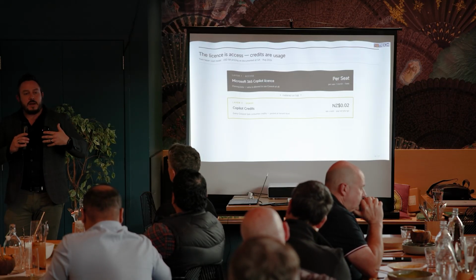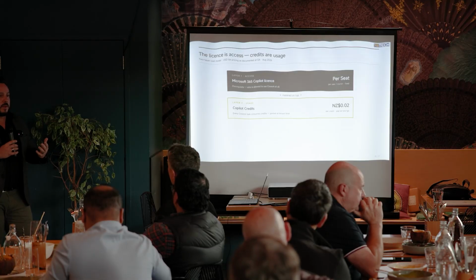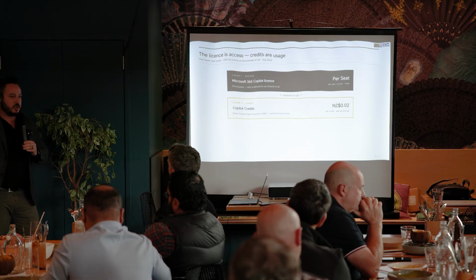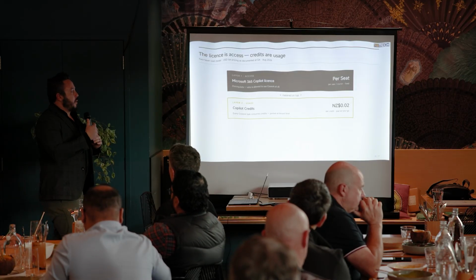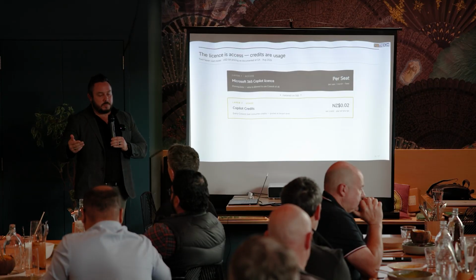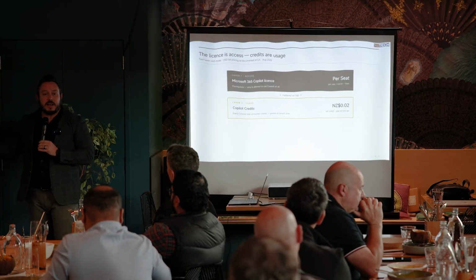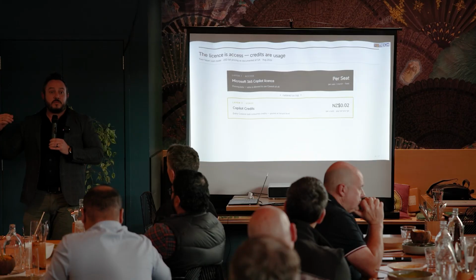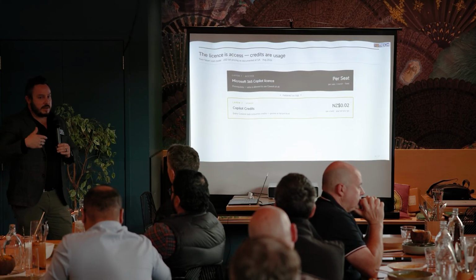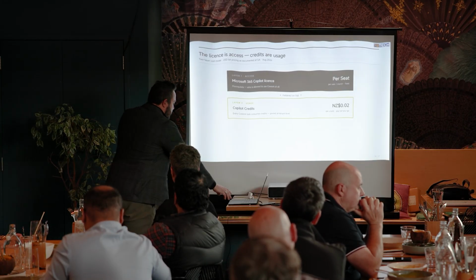When those credits run out, Cowork will stop working. So at least we're not going to get a shock $10,000 bill down the line, but we are able to add pay-as-you-go. Or you can link it to an Azure subscription, and that is fully pay-as-you-go. So you just let it run and do its thing.